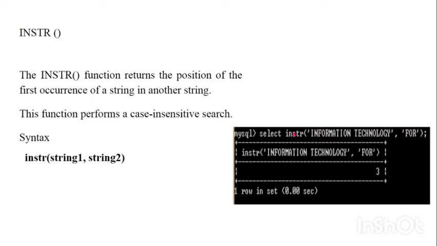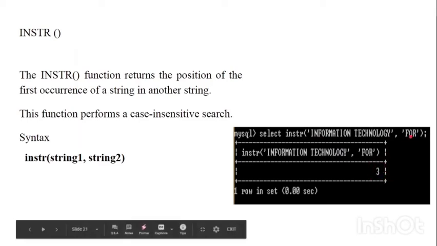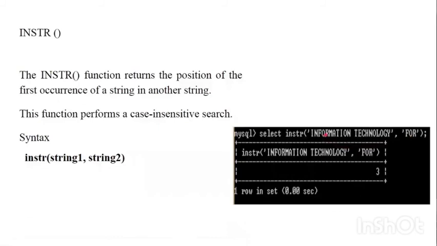So this INSTR will find out at what position this 4 is present in the string information technology. So 4 is present in the 1, 2, 3, third position. 4 starts from the third position. So it returns the position from where the substring starts in the main string.